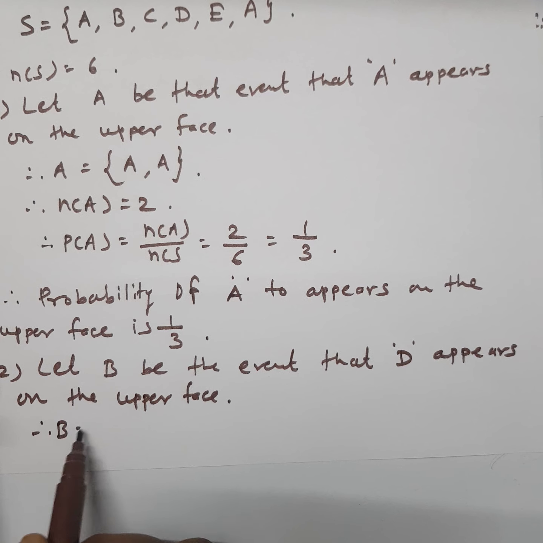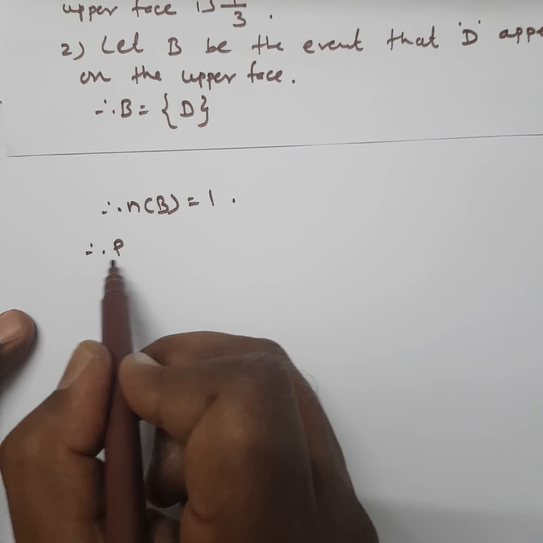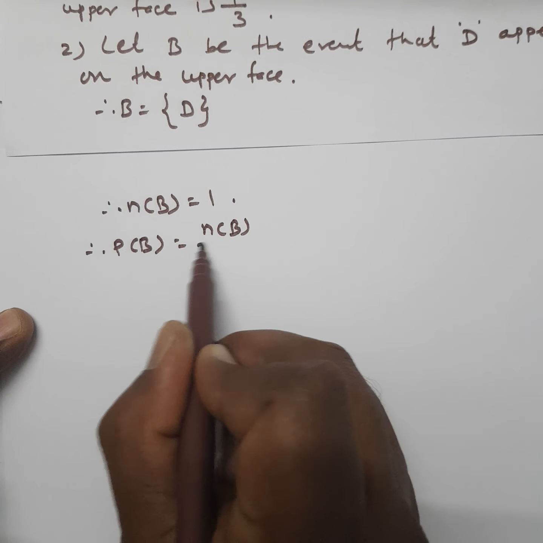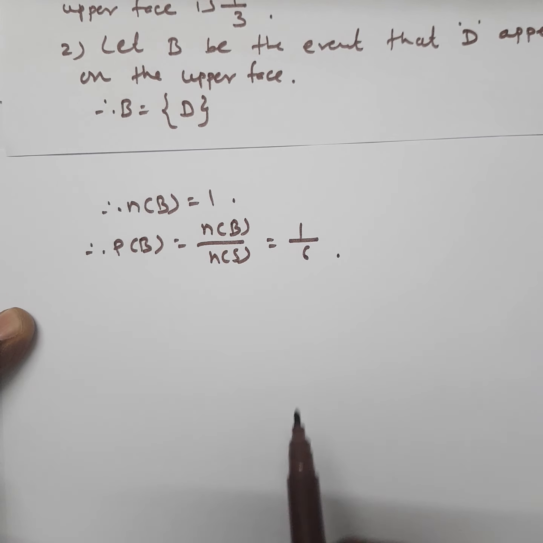Therefore B is equal to, here among 6 faces, only one face contains D, therefore B is equal to D. Therefore n(B) is equal to 1 and P(B) is equal to n(B) upon n(S), that is 1 upon 6.